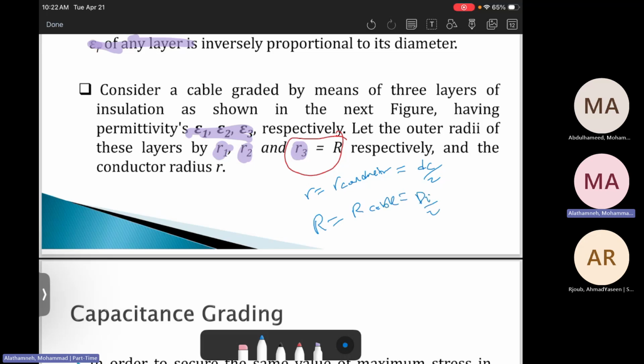Then we have two additional ones, which are R1 and R2. So for R1 here, we assume there are 3 layers. Then in the 3 layers, we assume the third layer ends at the cable diameter. So that's how we can do it.